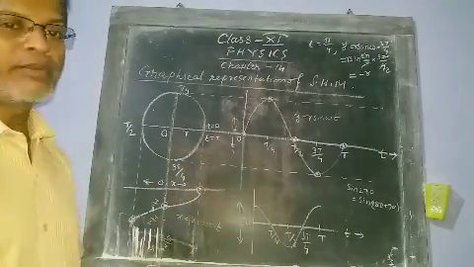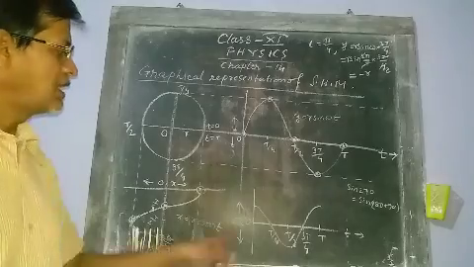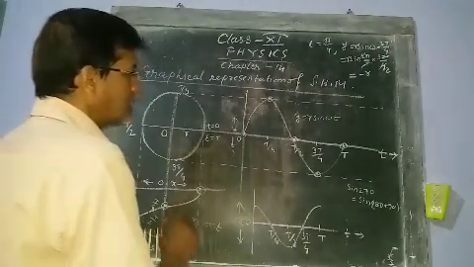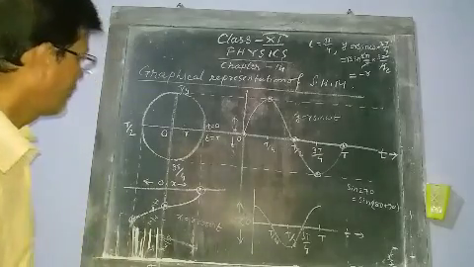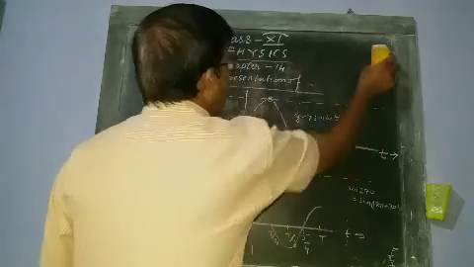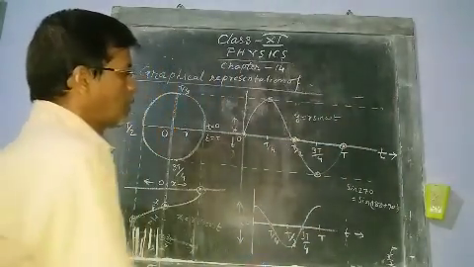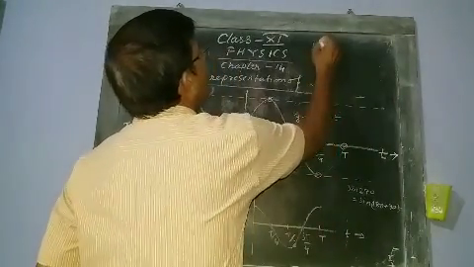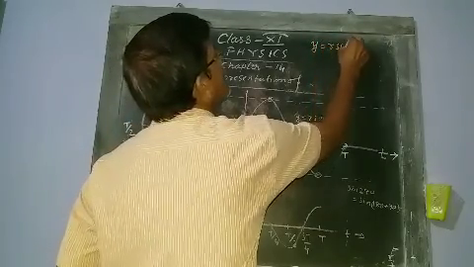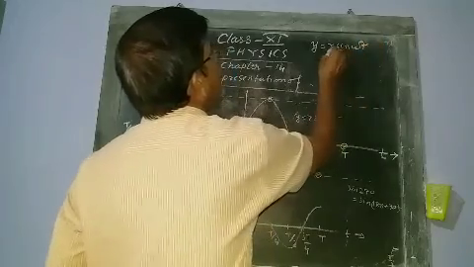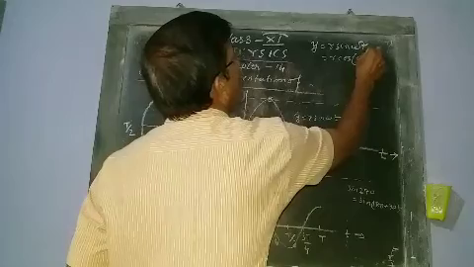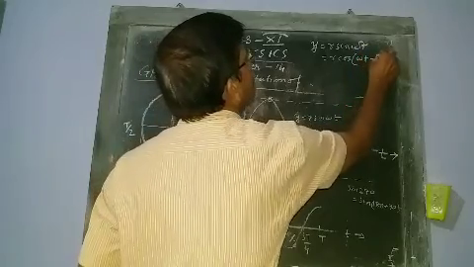And among these there is a phase difference of pi by 2, 90 degree. Because we have got y equals r sin omega t, which means r cos of omega t minus pi by 2.